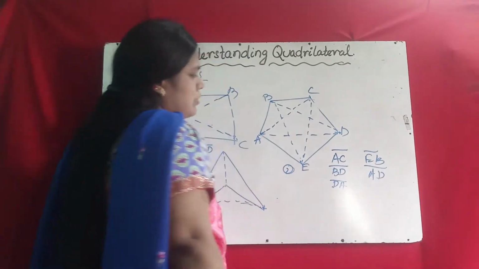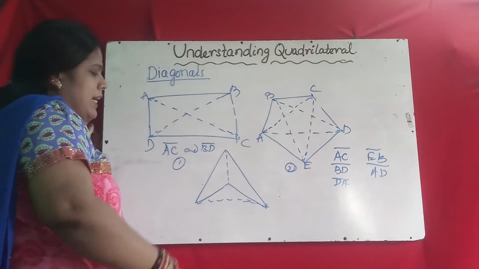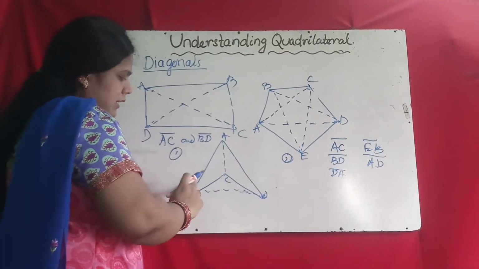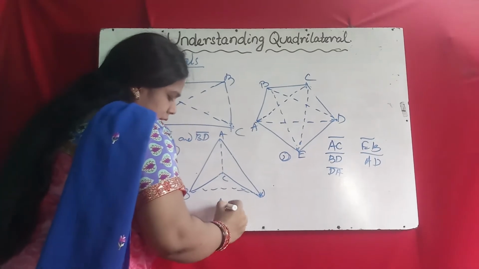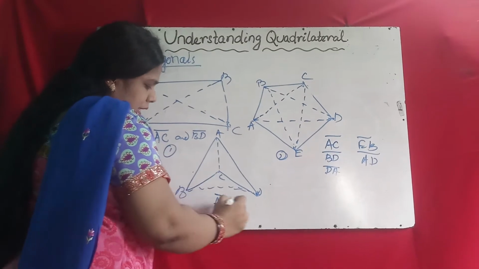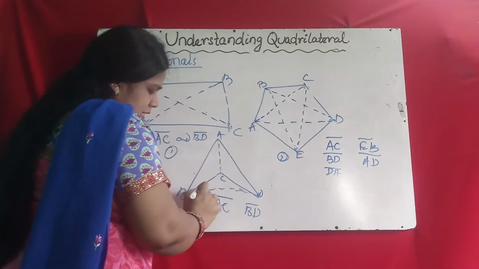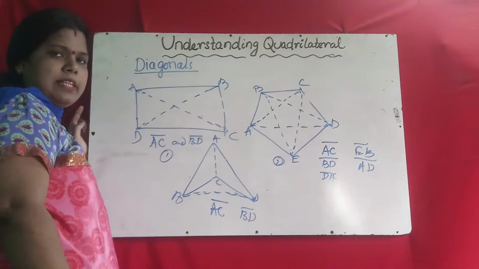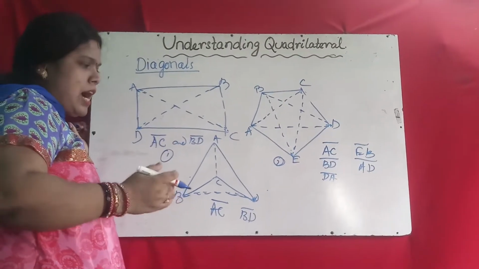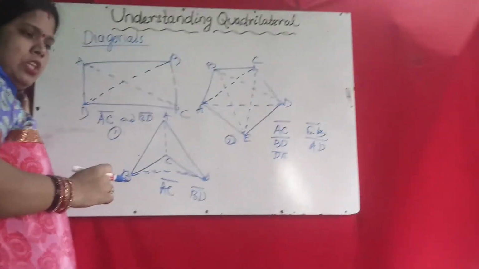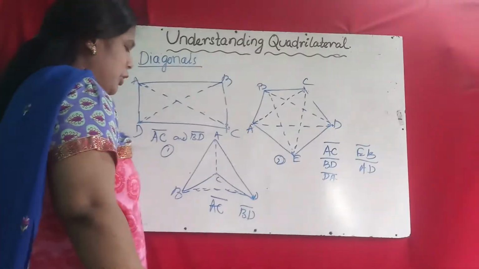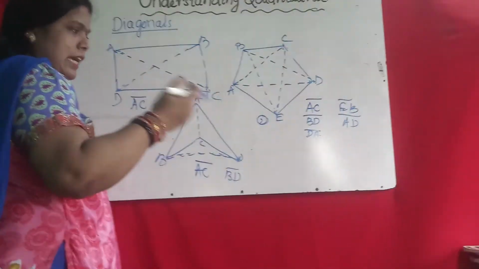So these are the diagonals of this pentagon. And here if you name A, B, C, D, then first AC is a diagonal, then BD is also a diagonal, which is outside the polygon. So sometimes the diagonals can be found outside the polygon.